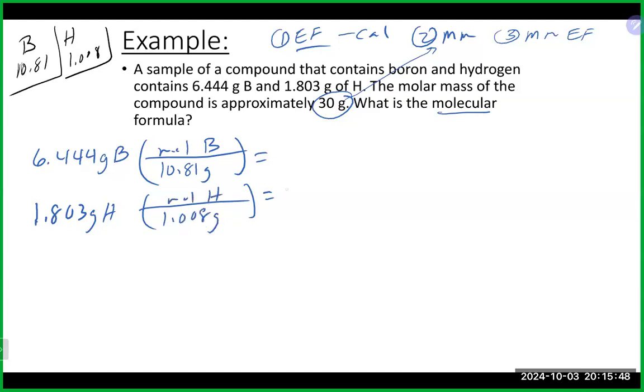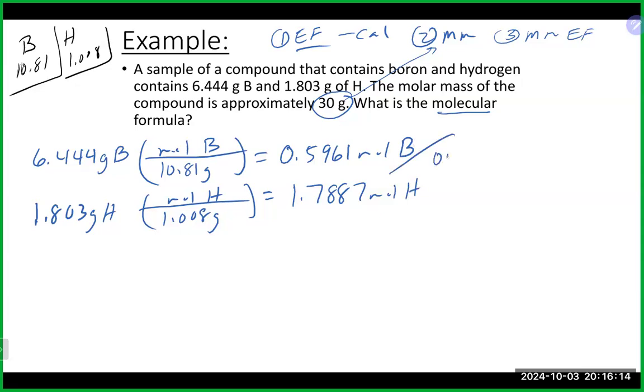We take 6.444 divided by 10.81, which gives 0.5961 moles of boron. Do the same thing for hydrogen and we get 1.7887 moles of hydrogen.